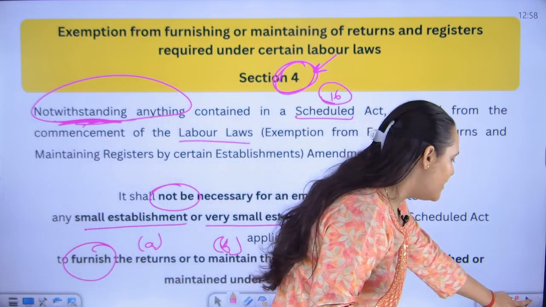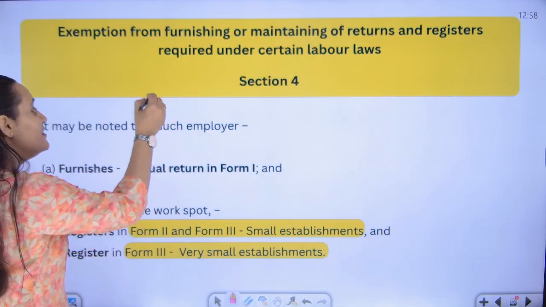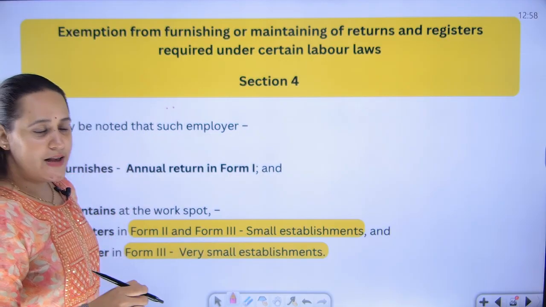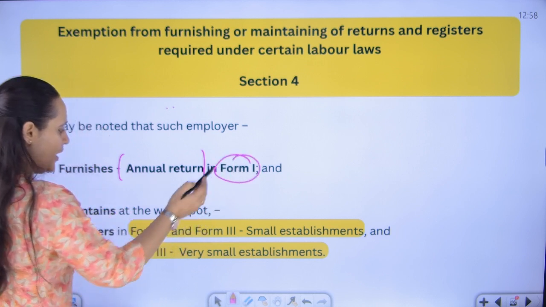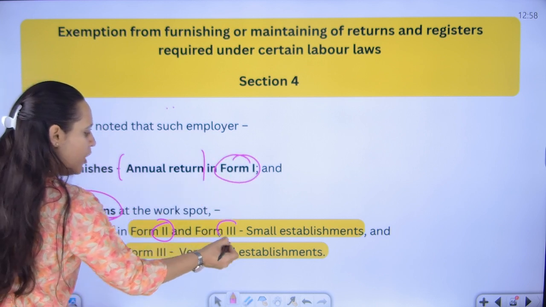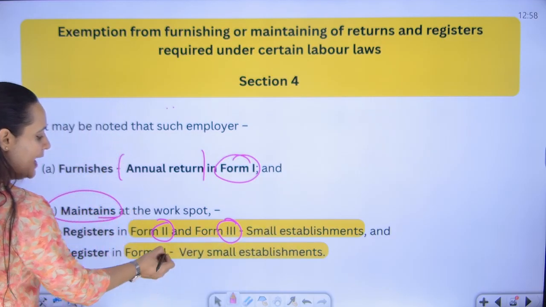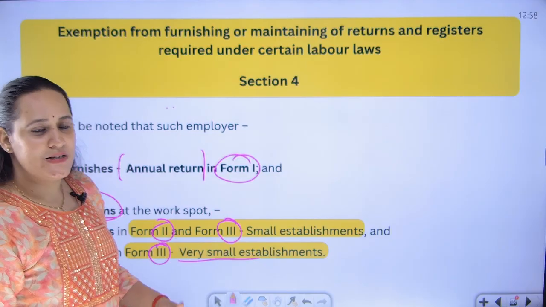But they are required to do the necessary filings under this particular enactment, where they are required to do the furnishing of annual return in form number 1, and they are required to maintain registers under form number 2 and form number 3 for small establishments, and only form number 3 is required to be followed by a very small establishment.